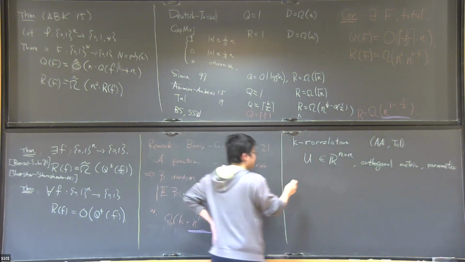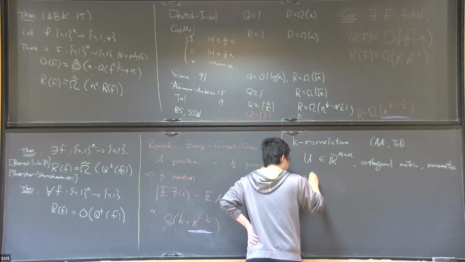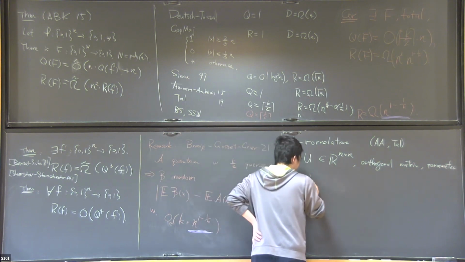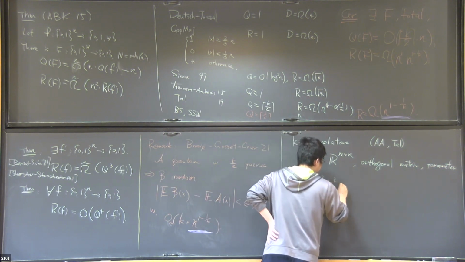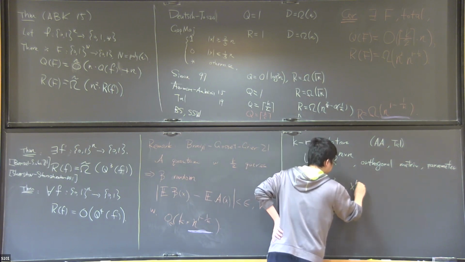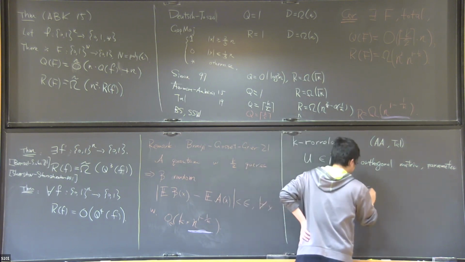To define this problem, we first have a parameter U, which is an orthogonal matrix. And with this parameter, we will have k inputs, k strings, each of length n.